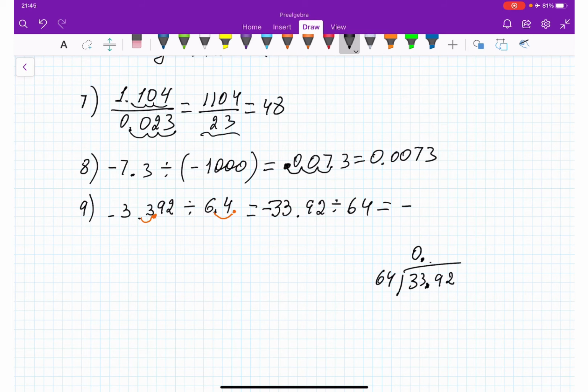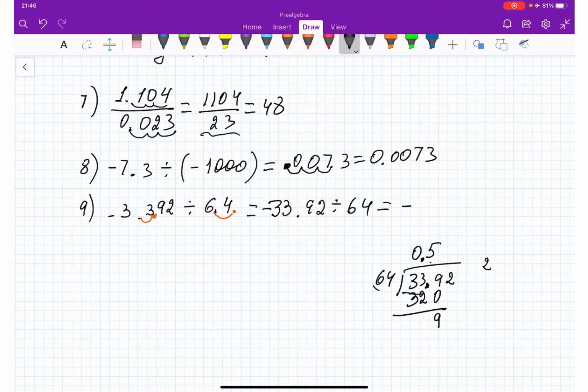Okay, so using now 339 divided by 64, let me see, 33 divided by 6, I'm taking first 2 divided by 6, it's going to be 5 times, right? Let's try. 5 times 4 is 20, 2 in mind. 5 times 6 is 30, and 2, 32.